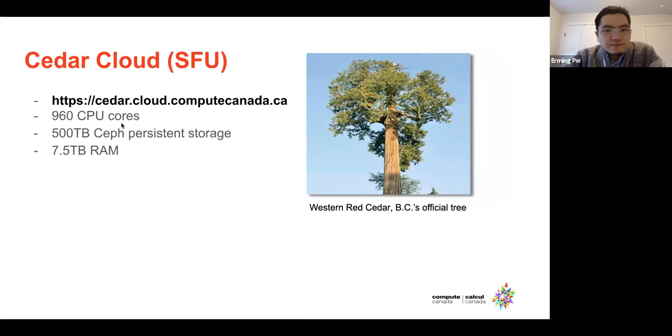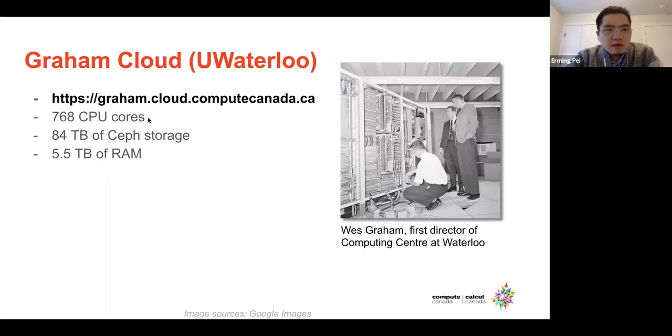Cedar Cloud is also named after a cedar tree in BC. It has 960 CPU cores, 500 terabytes of persistent storage, and 7.5 terabytes of RAM. Graham Cloud has 760 CPU cores, 84 terabytes of storage, and 5.5 terabytes of RAM in total.